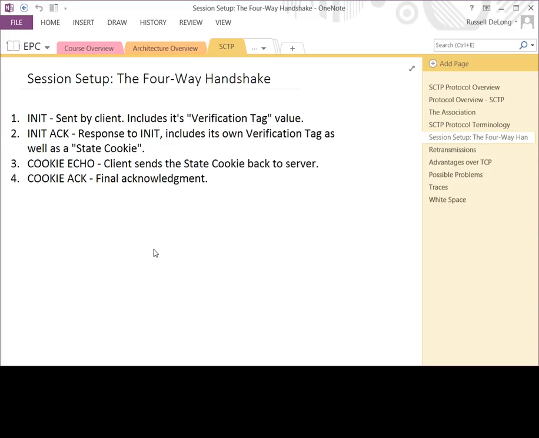SCTP gets around this problem because the initial setup messaging does not require the server to keep any state information. You have to complete the full 4-way handshake in order to have any actual state maintained on the server. So it makes it more difficult to perform a denial of service attack against a system running SCTP as opposed to TCP.